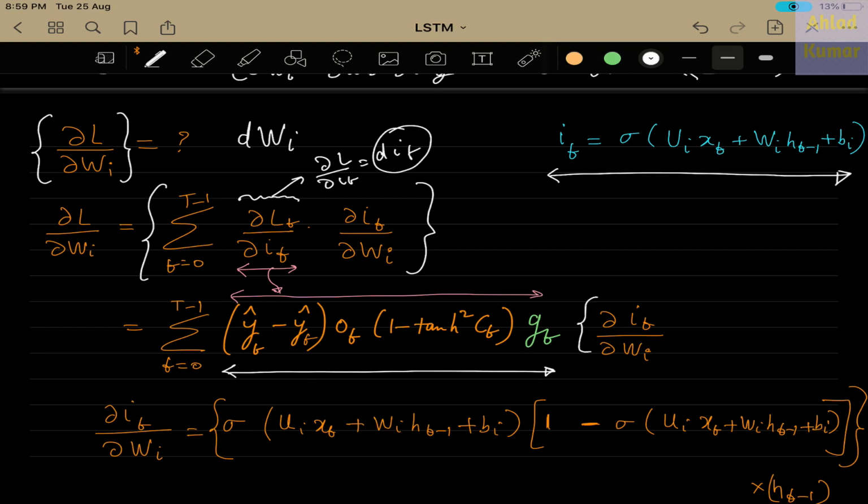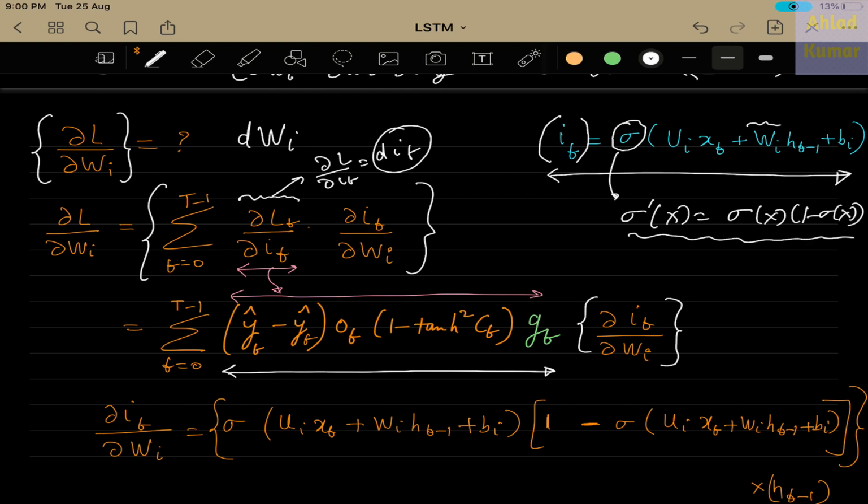And now we have the derivative of i_t with respect to Wi. So if you want to calculate the derivative of i_t with respect to Wi, you have to calculate the derivative of this sigma also, which is the sigmoid, and which we have already discussed: the derivative of a sigmoid is sigma(x) times 1 minus sigma(x). This is the expression that you get when you take the derivative of a sigmoid function. So we are using that same logic here.